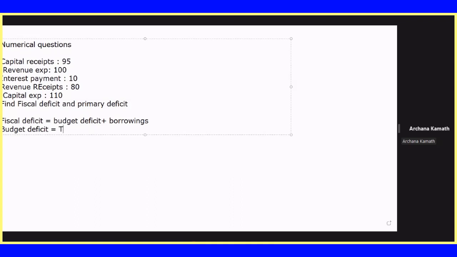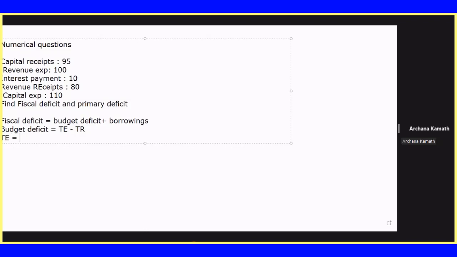Budget deficit, I told you, is equal to total expenditure minus total revenue. Another limitation is they have not given total expenditure and total revenue on the receipt side individually, so it's our duty to find them.